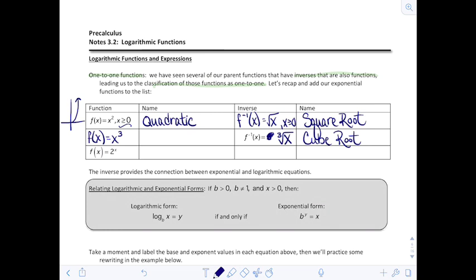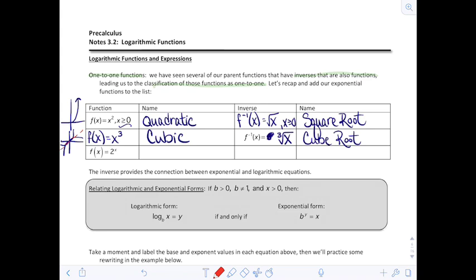X to the third is already a one-to-one function, so it doesn't need any restrictions. And neither does the cube root function. That is an inverse. If we remember what those look like, here is the cubic function coming down and then the cube root function. Again, they're symmetric, or they're reflected over the line y equals x.